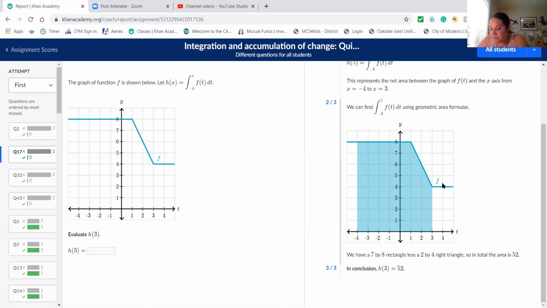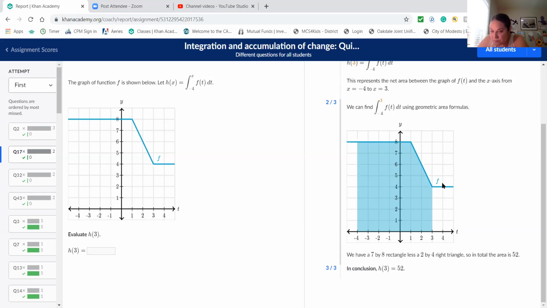What I would probably do is find the area of the rectangle at the bottom. That would be base of 7, height of 4. And then add on the area of a trapezoid. And so that's 1/2 base of 7. The upper base is 5. And then the height of that trapezoid is going from 4 to 8 on the y-axis. And so that's 2 times 12, and that's 24.